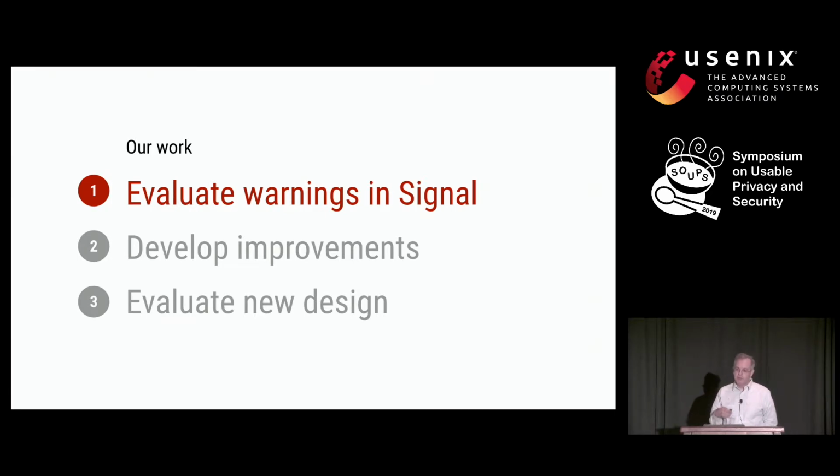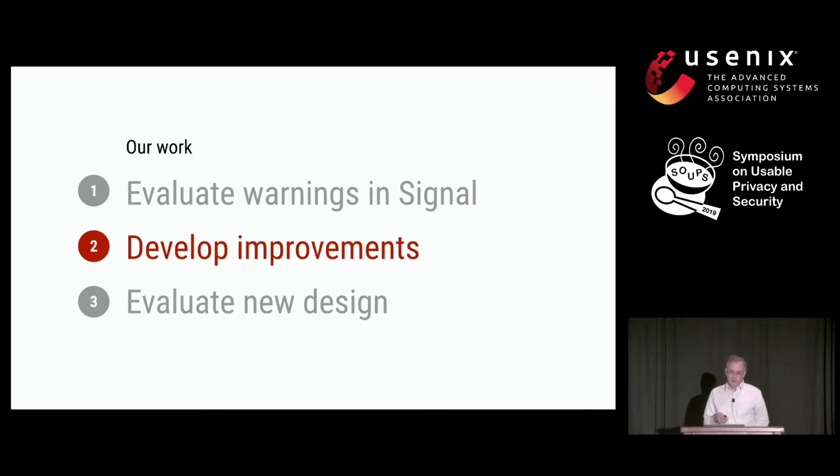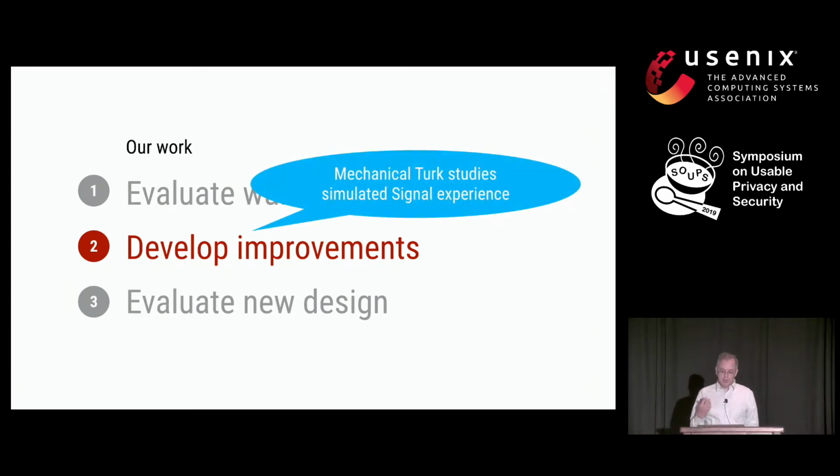The first part was to evaluate warnings in Signal to see how good they are at risk communication. We did both a cognitive walkthrough and a fairly extensive lab user study to study how well their existing warnings worked. We then took what we learned and developed improvements, which involved some Mechanical Turk studies to design those improvements, as well as a simulated Signal experience so that we could sample a large number of Mechanical Turk users, walking them through this to see how well they understood it.